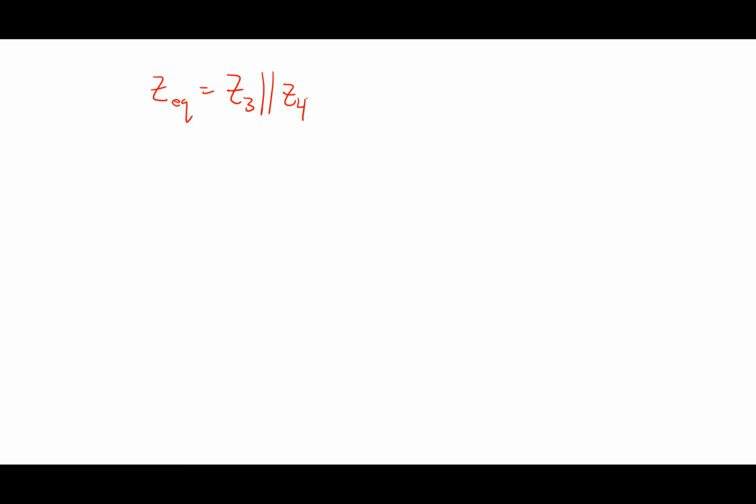And that is Z3 in parallel with, so Z4 I defined was Z2 plus RS in parallel with Z1. All right. Now, at this point, that's where I would start making the equations however they need to be to put this in.